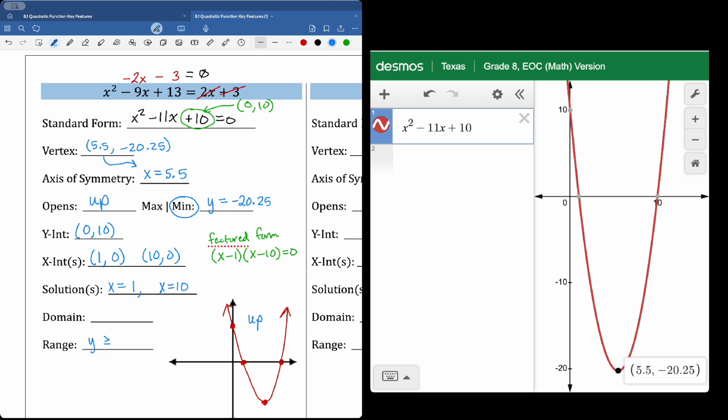And then the range itself is the same value as your minimum, so y is greater than or equal to negative 20.25. And because we are now dealing with a function, the domain is going to be x is all real numbers.